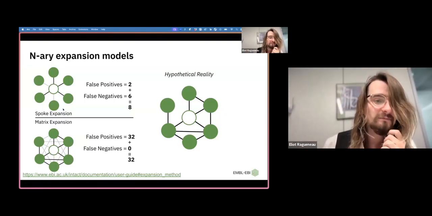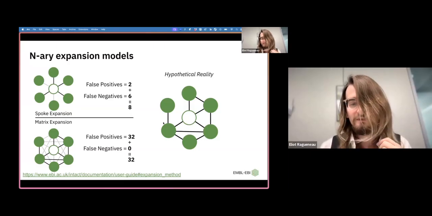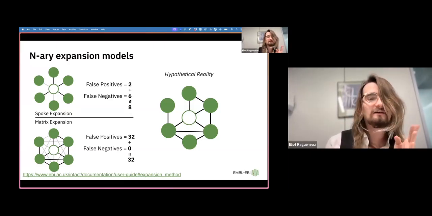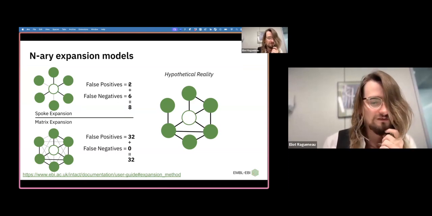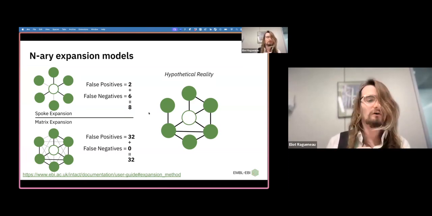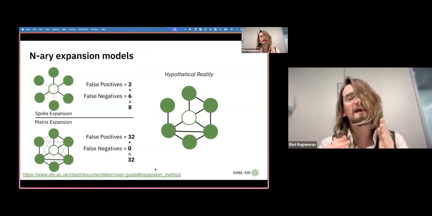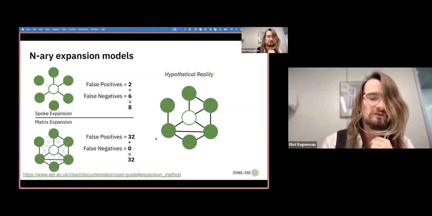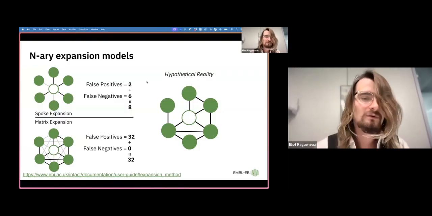On the other hand, Spoke expansion, of course, because we lacked all those different interactions here, actually has quite a lot of false negatives, but the number of false positives is drastically reduced. And in general, the number of errors of those modelizations is much lower for Spoke expansion than matrix expansion. And as n progresses, in general, matrix expansion is becoming worse and worse, while Spoke expansion holds pretty tight to the reality.